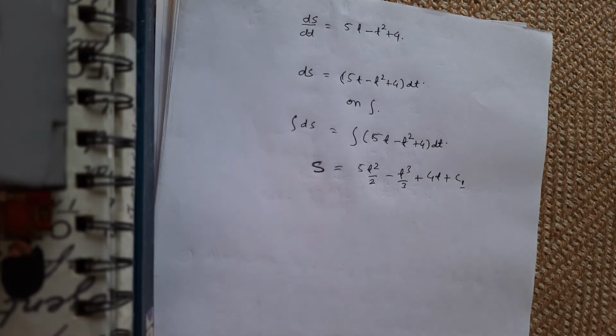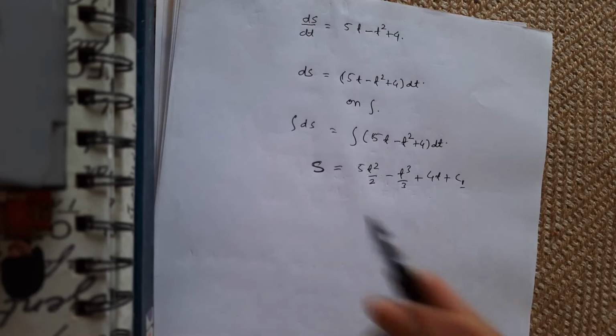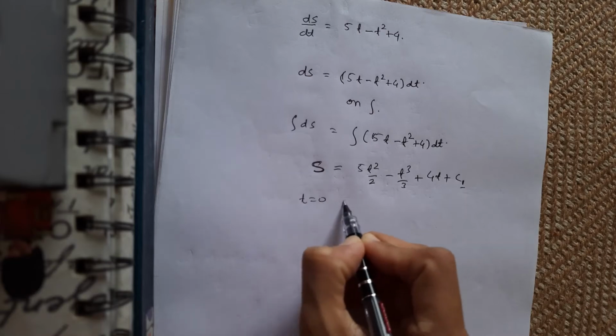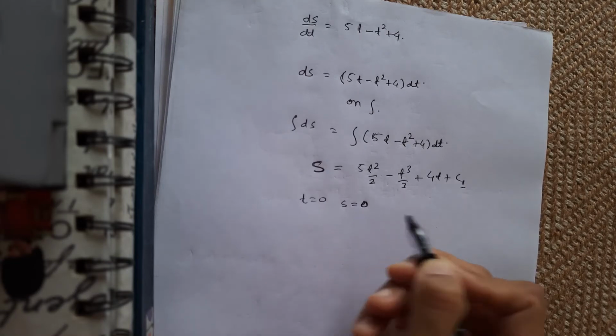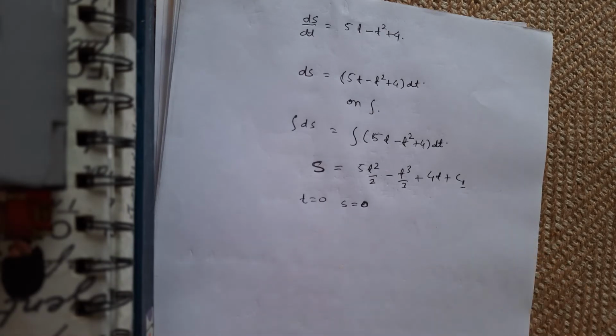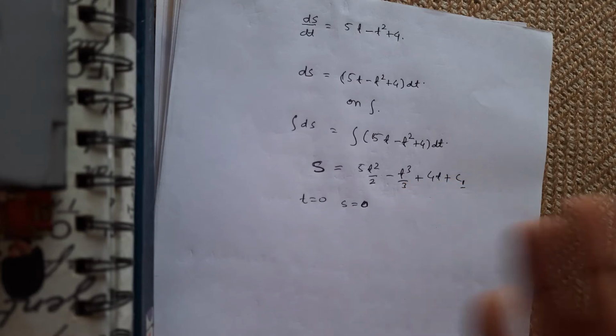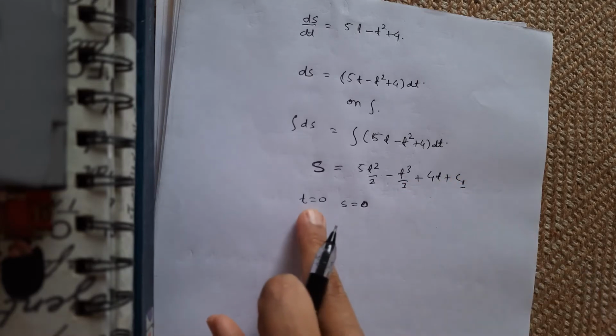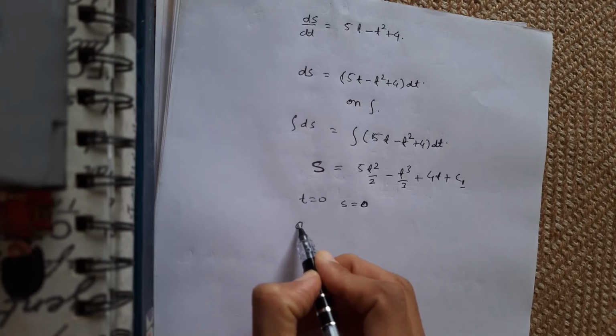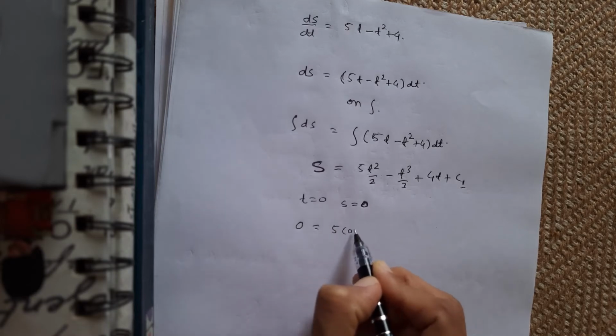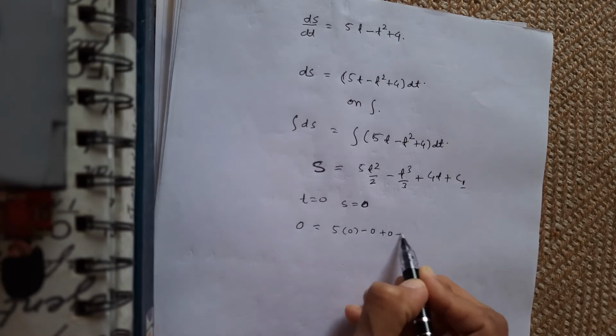Now this c1 cannot be there to find out the distance. So again we will use the given initial condition, that when time t is 0, distance is also 0. This is very obvious, right? When traveling has not started, it's not going to cover any distance. So when t is 0, s is 0. So 0 equals 5 into 0 minus 0 plus c1.